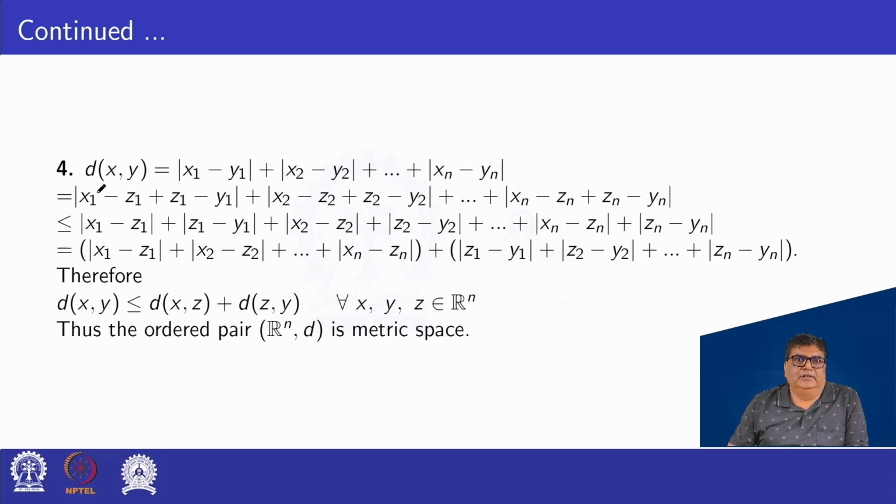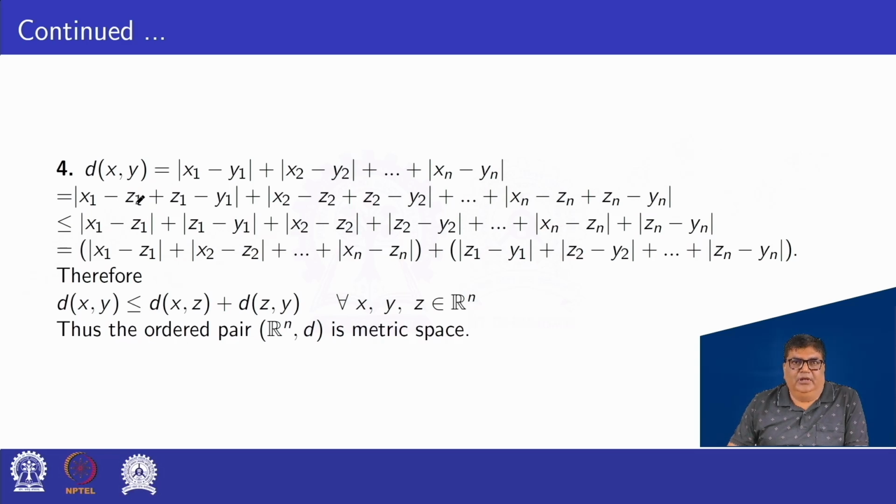Fourth condition, dxy. It is given modulus of x1 minus y1 plus modulus of x2 minus y2 plus and so on modulus of xn minus yn equal to modulus of x1 minus z1 plus z1 minus y1.